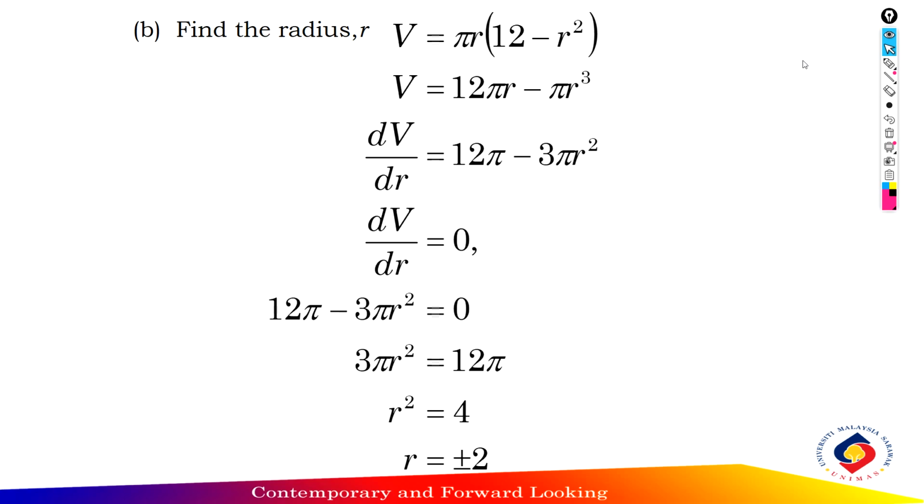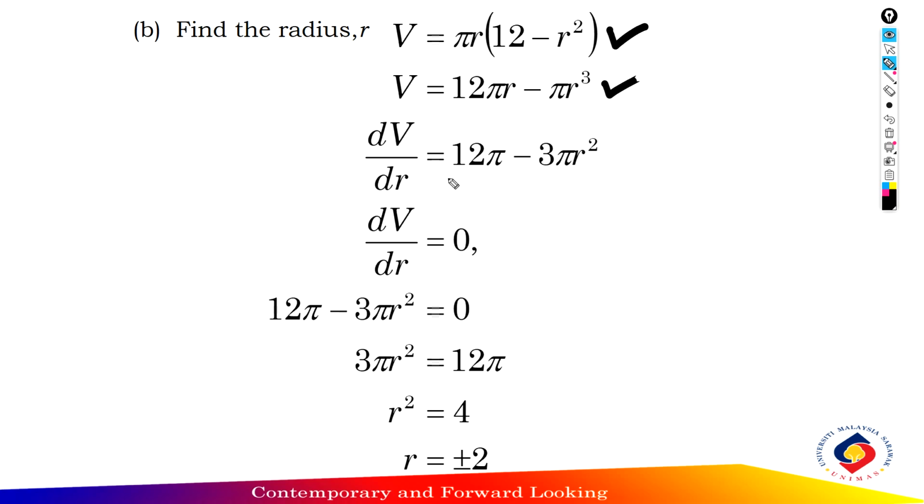Okay, question B. Find the radius of the cylinder when the volume is maximum. Maximum occurs using the first derivative test or the second derivative test. First, the volume of the cylinder, πr times (12 minus r²), equals 12πr minus πr³.